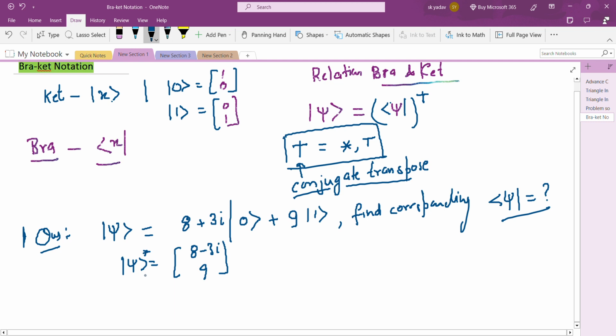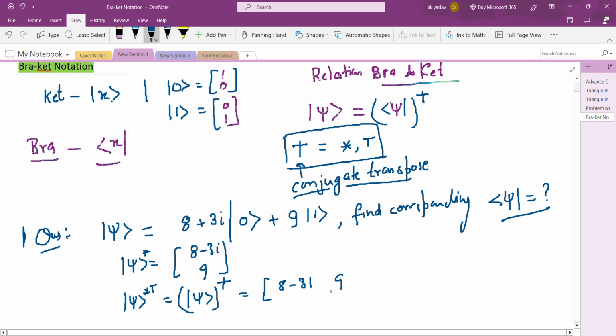Now we will compute the transpose. As you know, this is the conjugate and this is the transpose, so we can write this statement as conjugate transpose. If we compute this conjugate transpose, the value of this one is 8 minus 3i and 9.